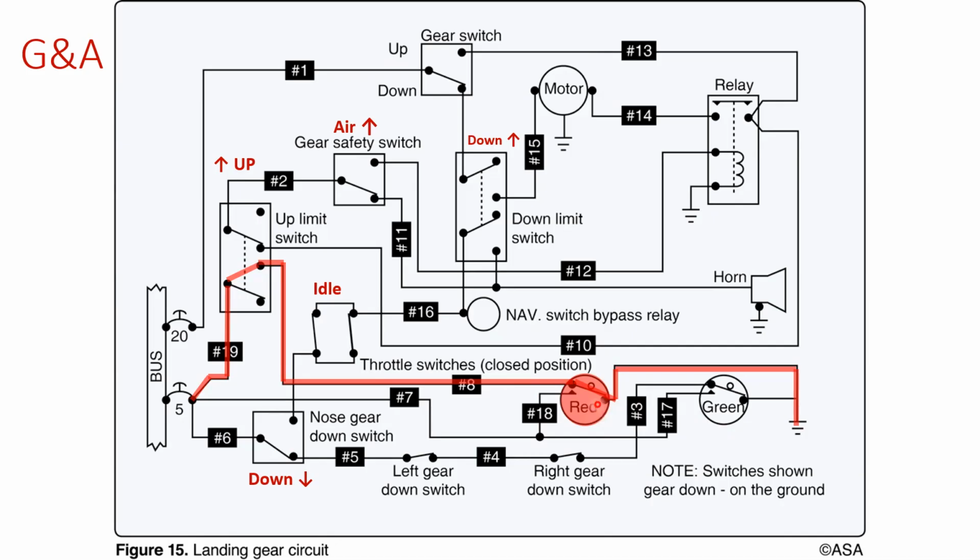Now myself, I would not use a red light to indicate that the gear is up, because red just makes me think that something's not right. Like we might have a transition. Some aircraft will show a light come on while the gear are in transit, or transiting from up to down or down to up. So that transition process.